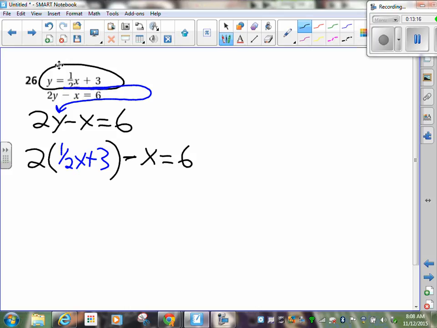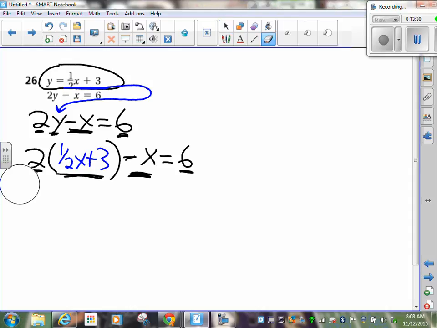Notice I included everything underneath. I got the 2, down with this 2. I got the y, right here. I got the minus x, right here. I got the 6, right here. Everything is there. That's why I like writing it right above it, putting my stuff underneath it, and then I double check. Did I put everything in there?